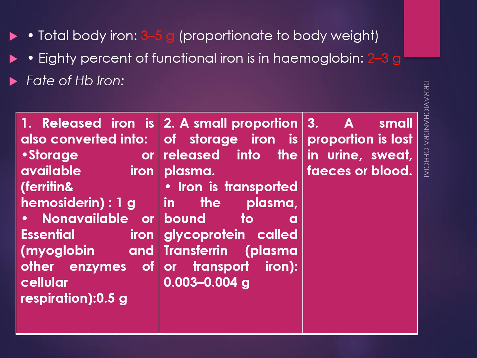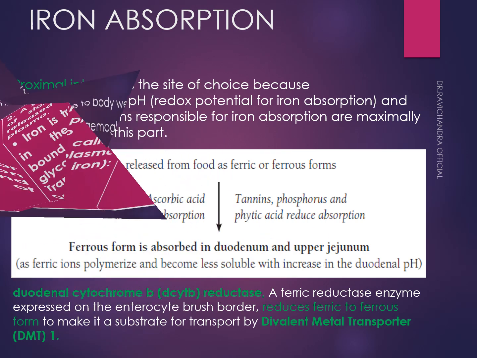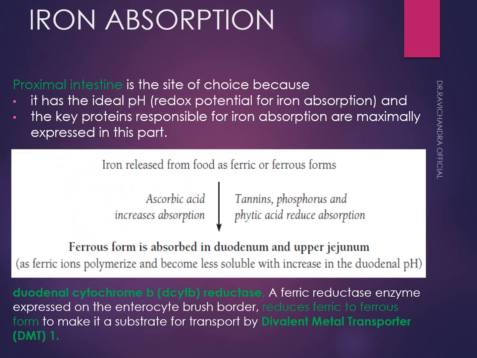Coming to the iron absorption, the site of choice for iron absorption is proximal intestines. I for iron, I for intestine, because it has the ideal pH and the key proteins responsible for iron absorption are maximally expressed in this part.